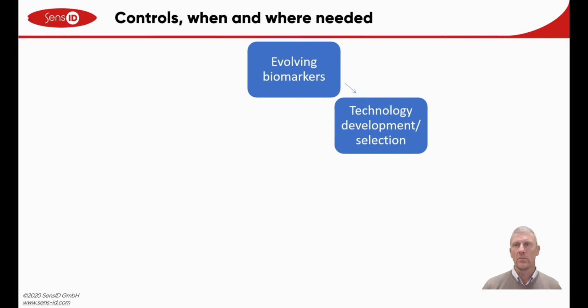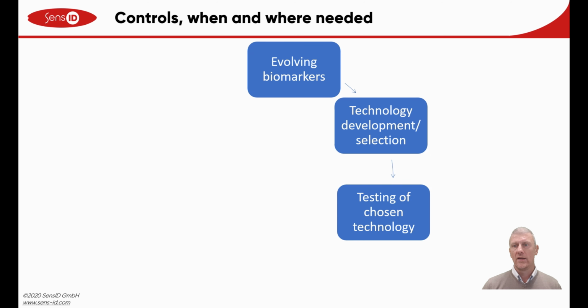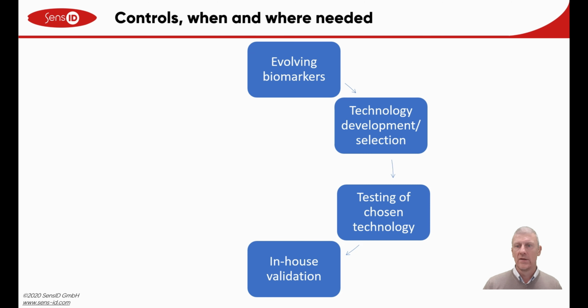So evolving biomarkers lead to the question of a certain technology development or selection of technologies to actually follow, detect, analyze these biomarkers. The testing of that technology can then be done by using a control, because using clinical samples would be very cumbersome. You first need to do perfect quantitation, for instance, of these samples, and how much of the sample do you have? A control is there basically like an endless supply.